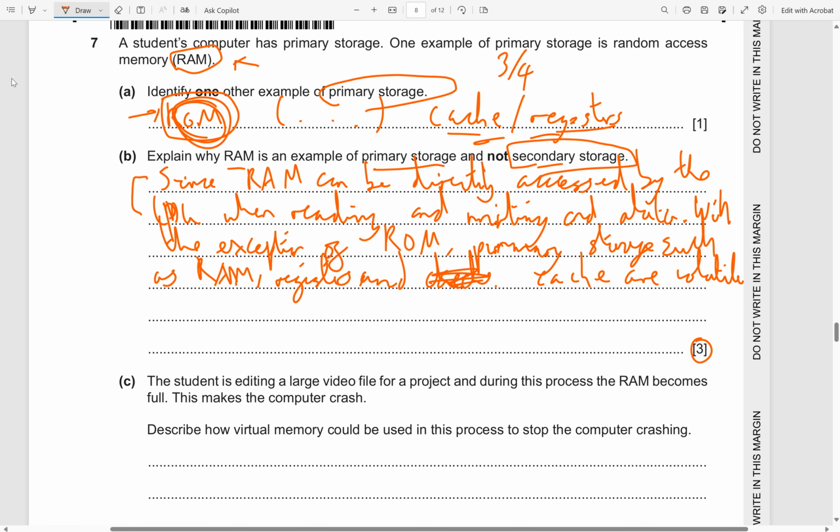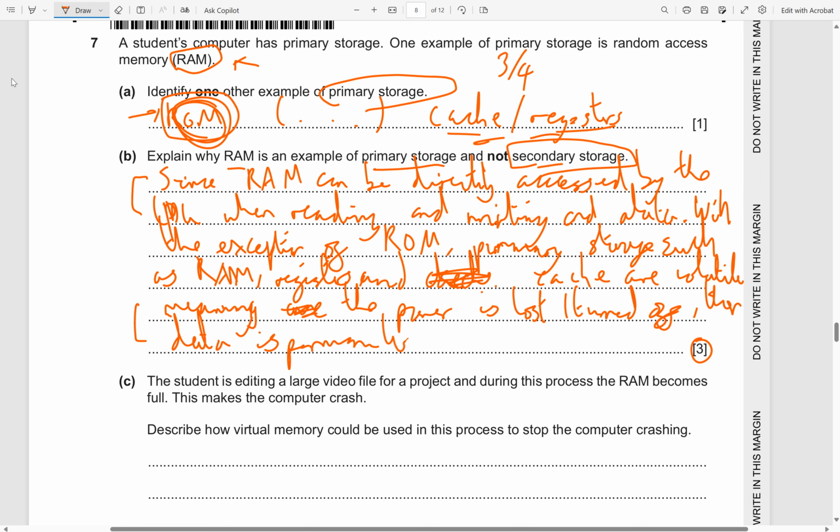Terrible writing. Cache is spelled C-A-C-H-E. And then maybe we should explain what that means, because we've got extra space here, and it's also 3 marks. Volatile meaning once the power is turned off or lost, then data is permanently lost. I think that makes sense.